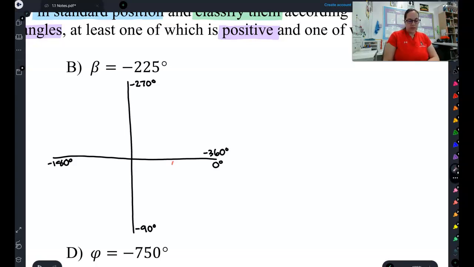So I just went this direction and labeled them all negative this time. It makes it a little easier for me to see negative 225. The initial side always still goes there.